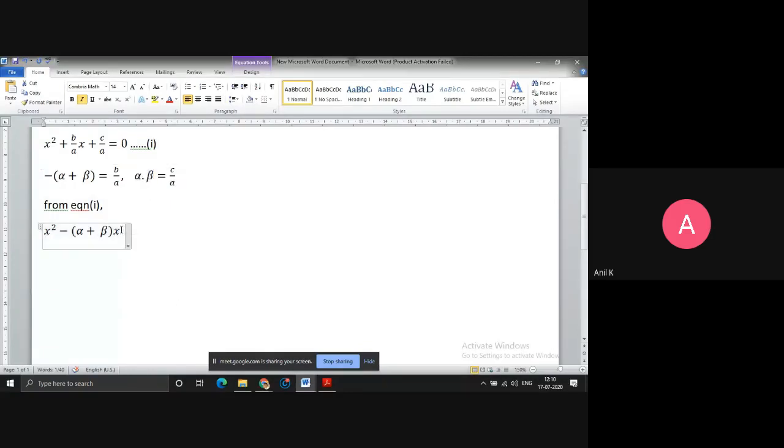So plus alpha into beta equals 0. So this is our new formula.